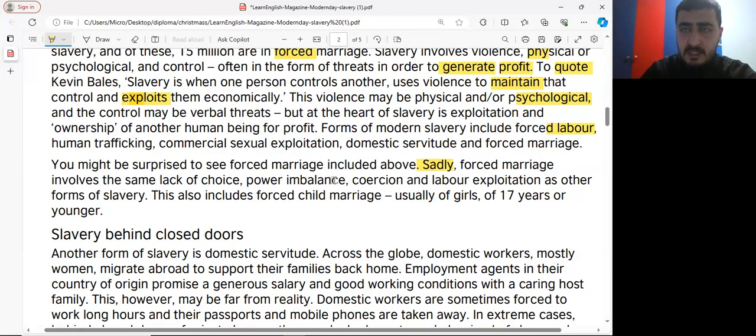Power imbalance عدم توازن القوى. Coercion اللي هي الإكراه أو الإجبار. And labor exploitation والاستغلال للعمل. This also includes forced child marriage، اللي هم القاصرين. Usually of girls 17 or younger.